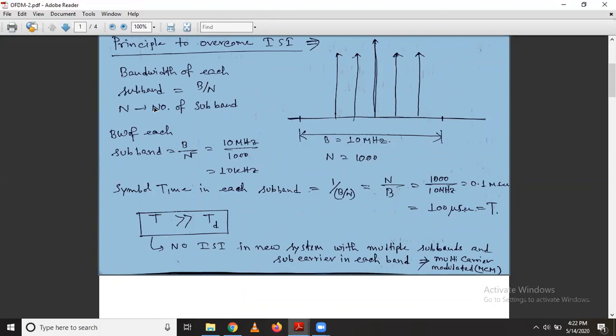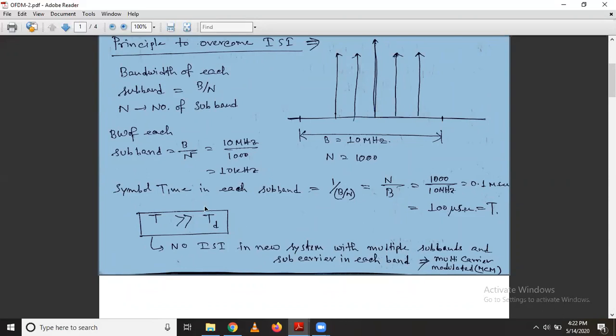The number of subbands we are denoting by capital N. Very simple thing. Now the bandwidth of each subband is B by N. For example, we are considering that B is 10 megahertz and the number of subbands N is suppose 1000. So 10 kilohertz is the bandwidth of each subband.